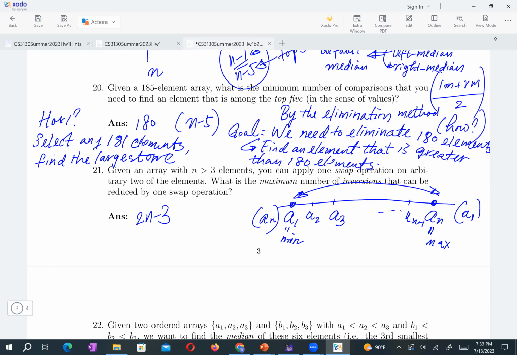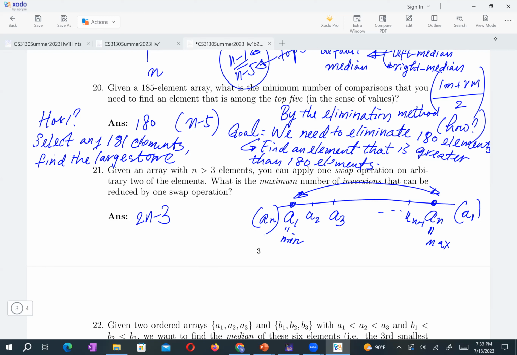Before the swap, A1 does not provide any contribution either. A1 is the smallest at the first position, no contribution to the inversions. So before the swap, both A1 and AN do not provide any inversion.